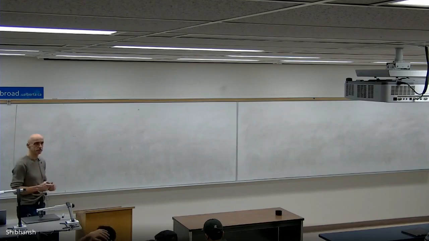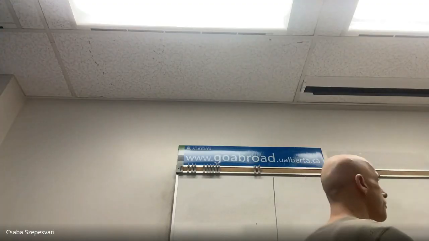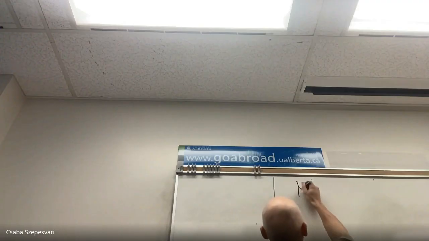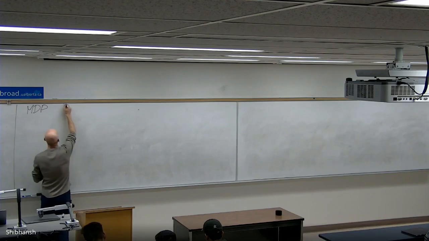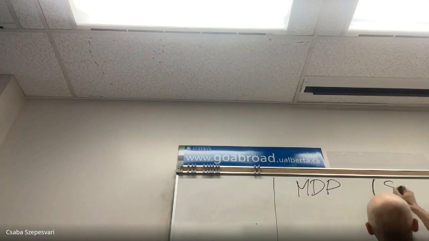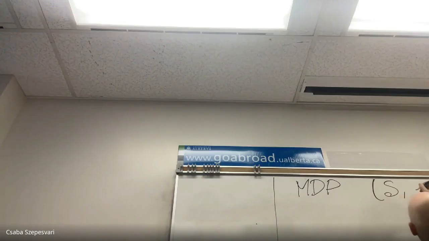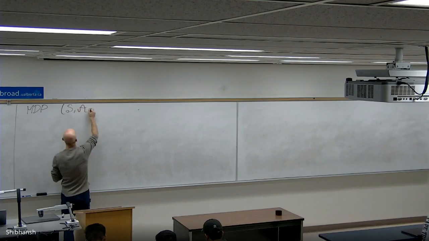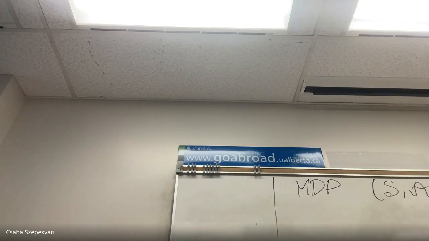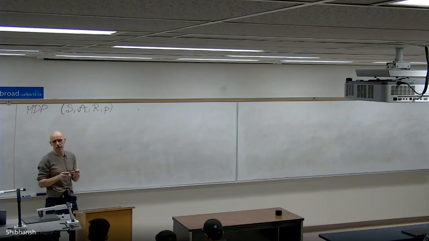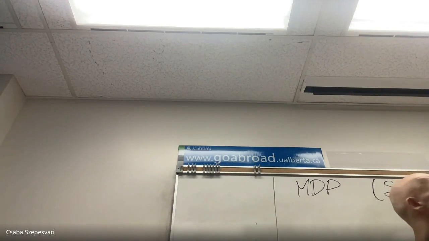All right, so without further ado, we're back to MDPs and back to our famed finite MDPs. We have a finite state space, finite action space, finite reward space, because we love finite. And we have a transition function, or kernel, with many names.